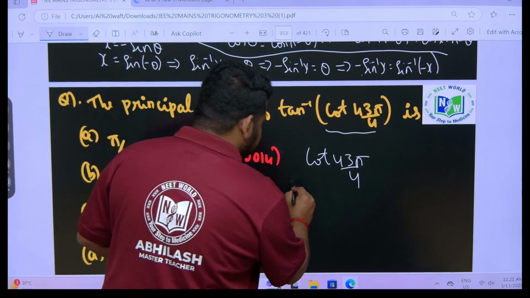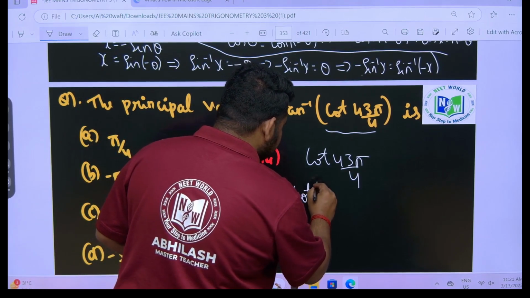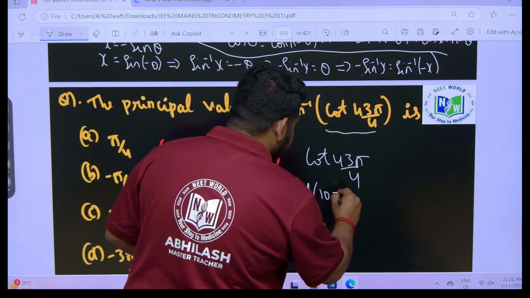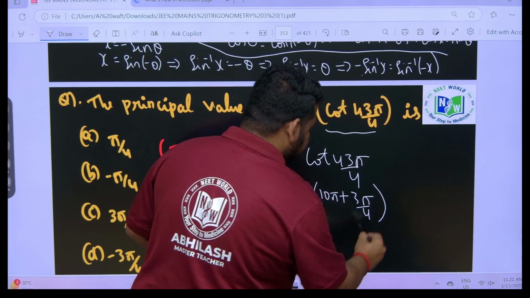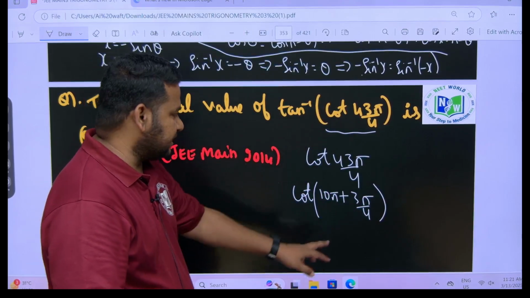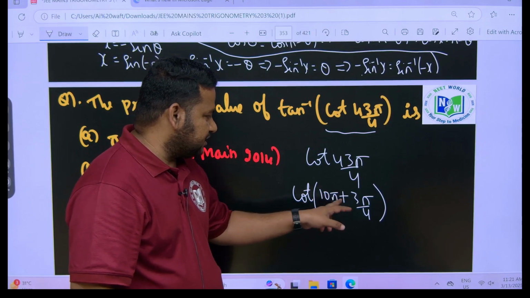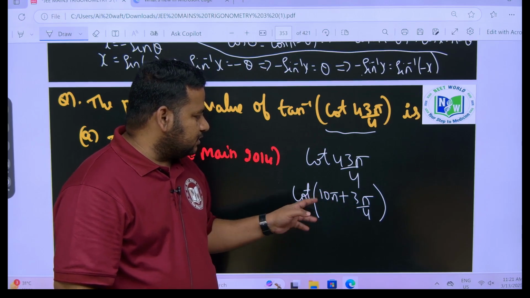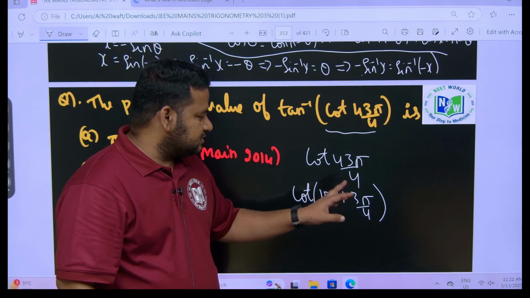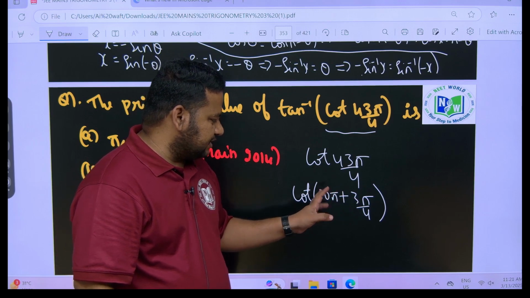If you take LCM, this will be 40 pi plus 3, 43 pi by 4. So cot 10 pi plus 3 pi by 4. Okay, cot of 180 plus theta, you don't worry.